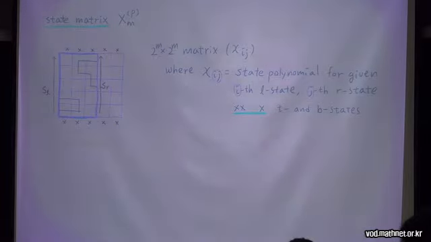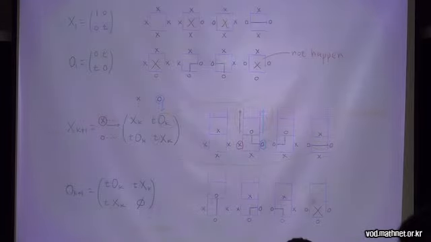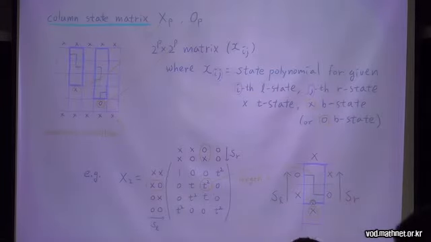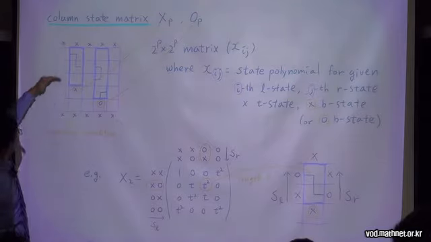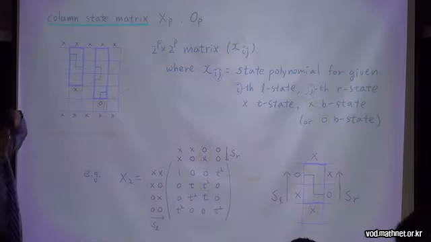And now we're going to define another state matrix, X M P. Here, the column matrix, I mean, the total maximum length is M, right?